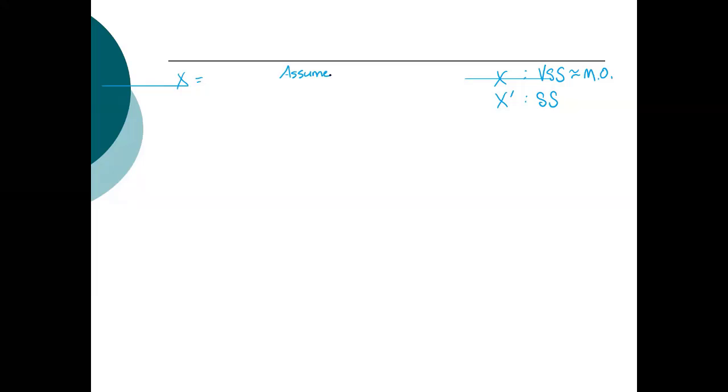So let's assume an MLSS of 3,000 milligrams per liter. Typical ranges are 3,000 to 6,000 milligrams per liter for mixed liquor suspended solids. So this is X prime.